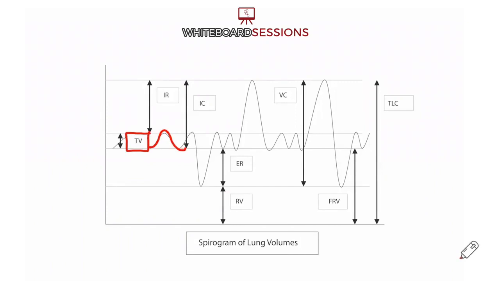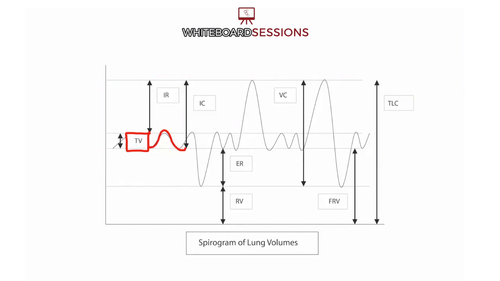Then we have all of these different ones that we can either directly measure or indirectly measure to determine a patient's disease process. You can go ahead and read through the different direct measurements and correlate them with this picture on the slide and pause the video.